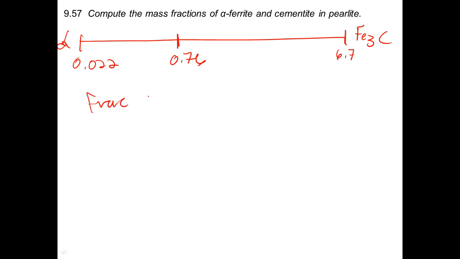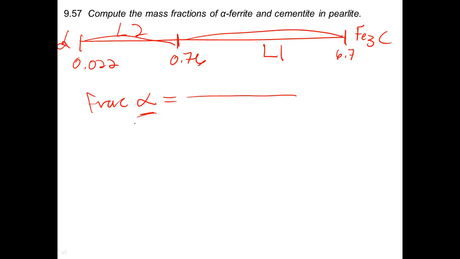We can calculate the mass fraction of ferrite then by defining these two lengths on either side of that eutectoid composition. And remember that when we use the lever law, the numerator is the length of the opposite side of interest. So we're interested in calculating the fraction of ferrite in perlite. So that will be L1 divided by the total tie line length, L1 plus L2.